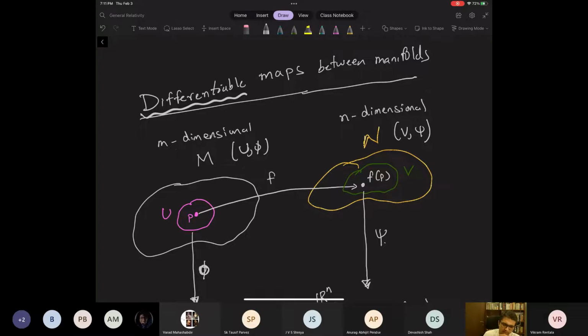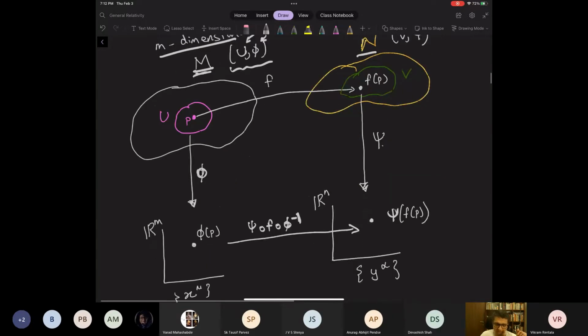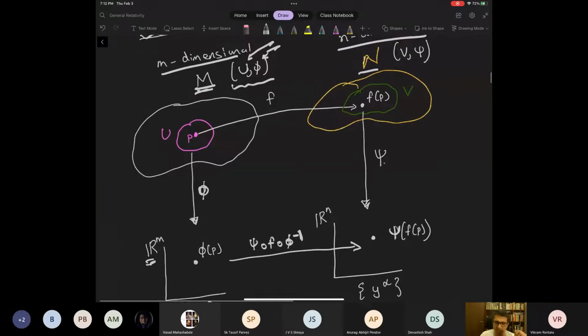So if we take an m-dimensional manifold M, capital M, and an n-dimensional manifold capital N. Now imagine that capital M is covered by an atlas where the charts in this atlas are denoted by u's and phi's. So u is the open subset in M, and phi is the map from that open subset to Rm, because this is an m-dimensional manifold.